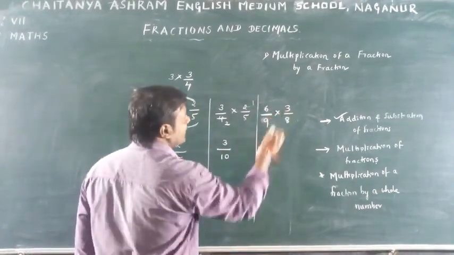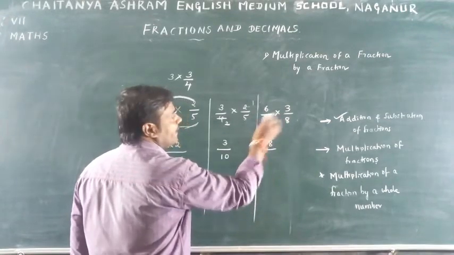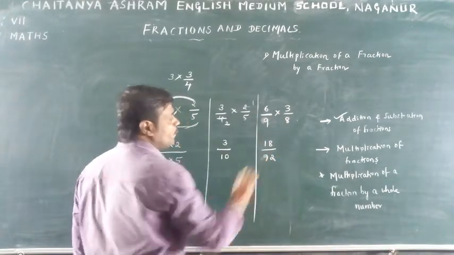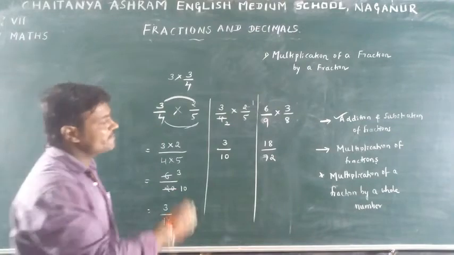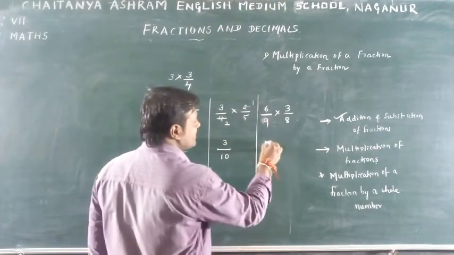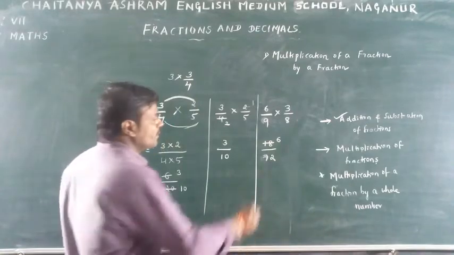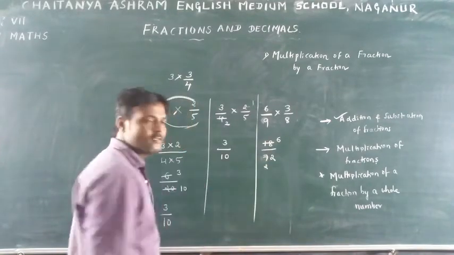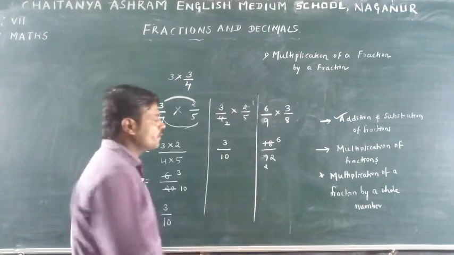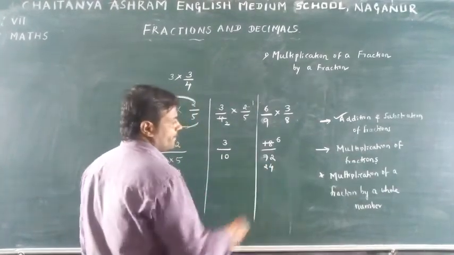6 into 3 is 18. 9 into 8 is 72. Okay, then simplify it. So this is divisible by 3. 3 sixes are 18. 3 twenty-fours are 72.